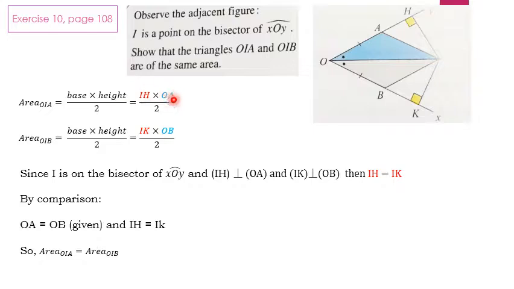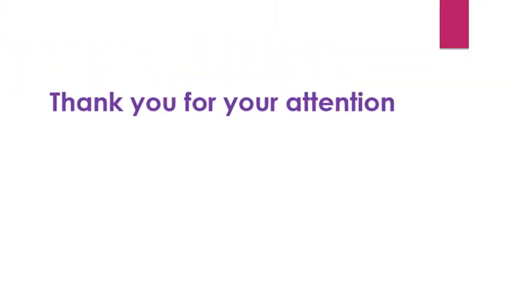Okay, why? Since OA equals OB is given and we proved IH equals IK, since OI is the bisector of the angle. Okay, this rule here, you should memorize it very well. The area of a triangle is height times base over 2, and the height is perpendicular to the base. You have to write these answers in your classwork copybook.